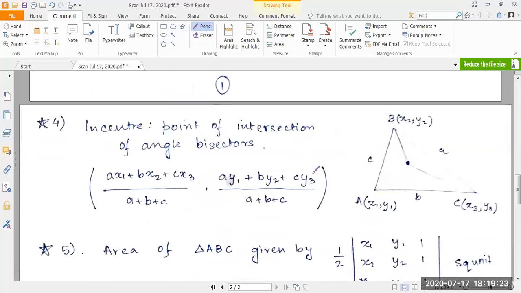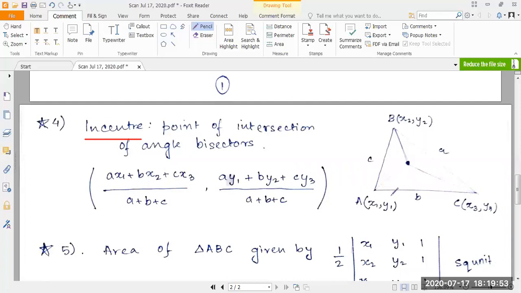The next relation is the incenter of a triangle. The incenter is the point of intersection of the three angle bisectors. If we have a triangle ABC, given by the coordinates x1, y1, x2, y2, x3, y3, then the incenter is the intersection of the angle bisectors.